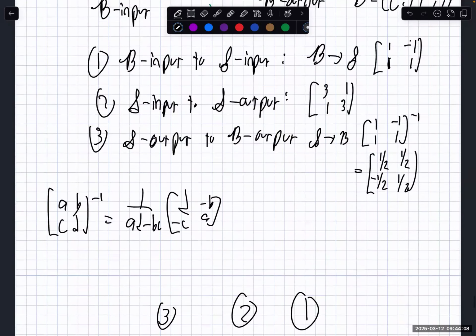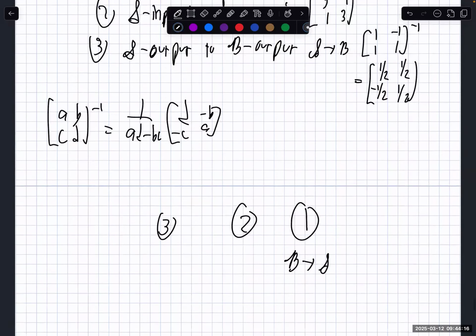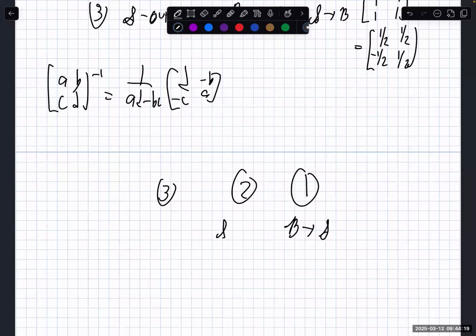So step 1 is beta S. Step 2 is the given matrix. Let's write it this way. And then step 3 is S to B.